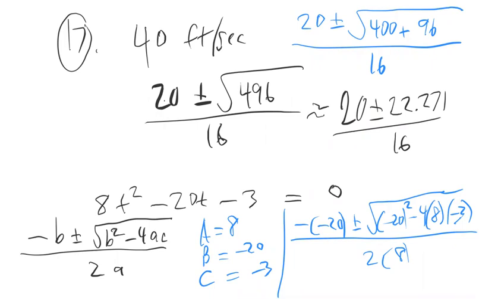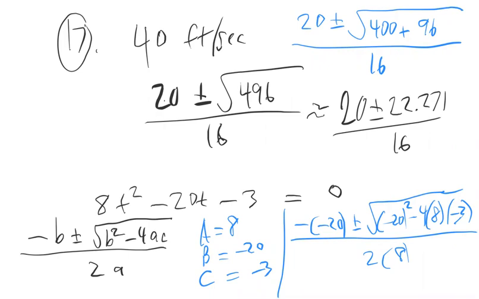Now the problem is that if I do 20 minus 22, I'll get a negative. I know I threw the ball up into the air, and then after that it fell on the ground. So the time won't be negative. That would represent something happening in the past, like if the ball had been dropping down from the sky earlier. But right now, the only time that I want is a positive time. So I'm not going to do the negative, I'm just going to do the positive.